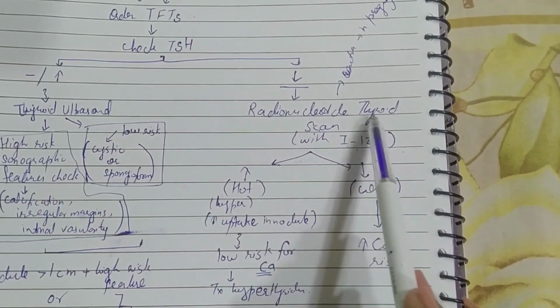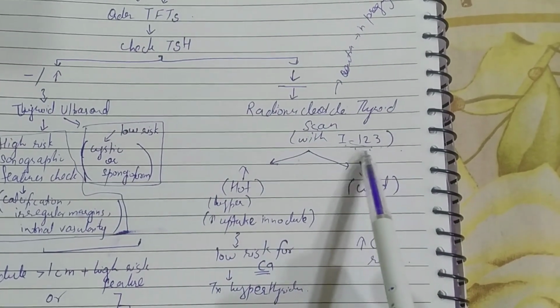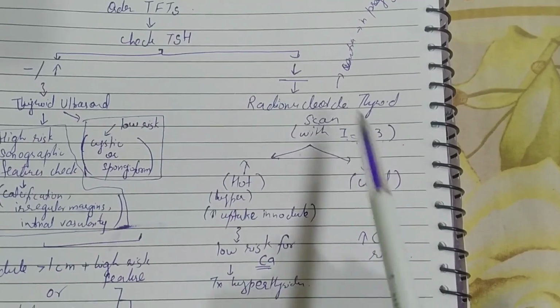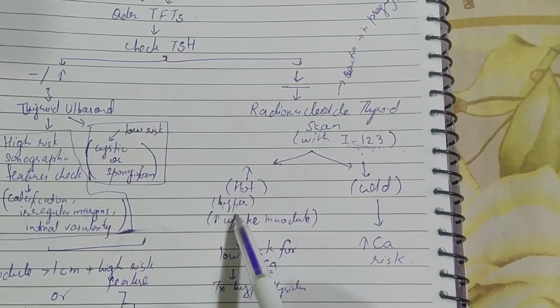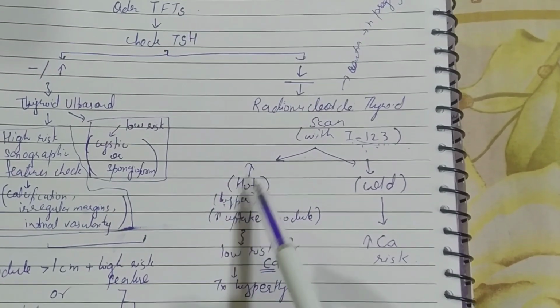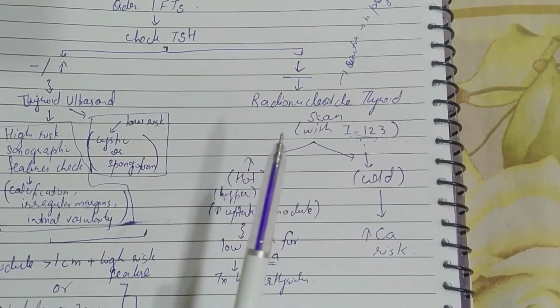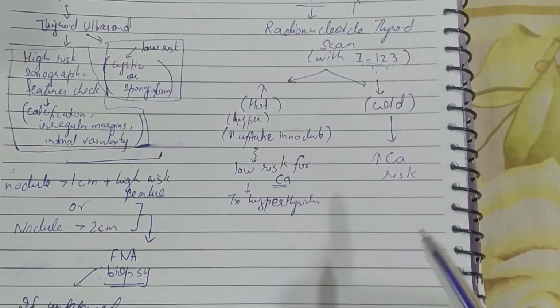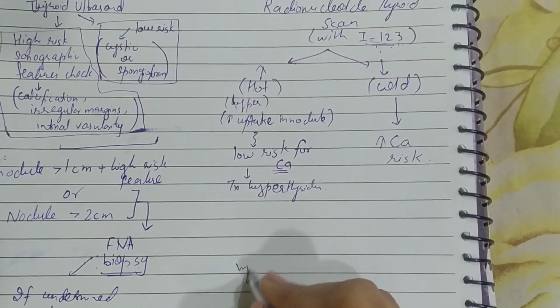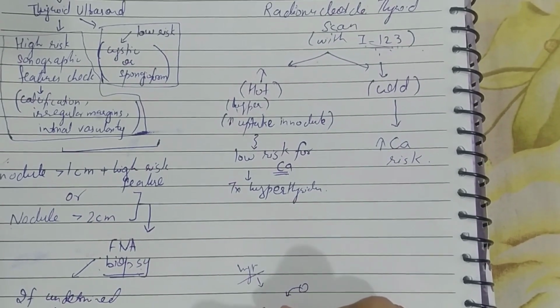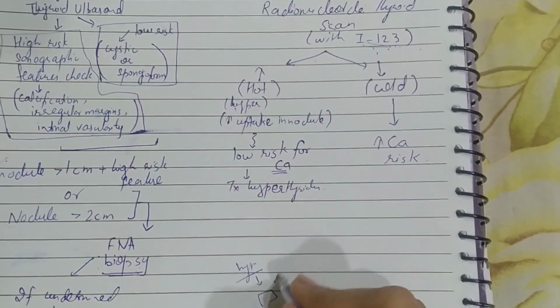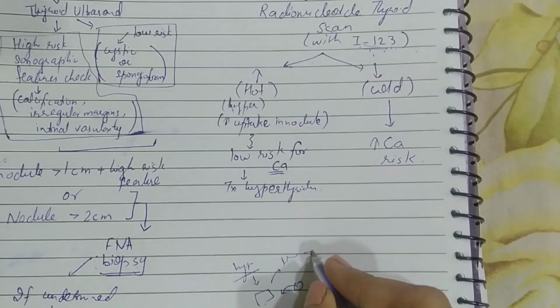If the iodine is taken up more, it's called a hot nodule or hyperfunctioning nodule. If it's a hot nodule, it means the patient has hyperthyroidism, because the thyroid nodule will take up the iodine more and produce more thyroid hormone.